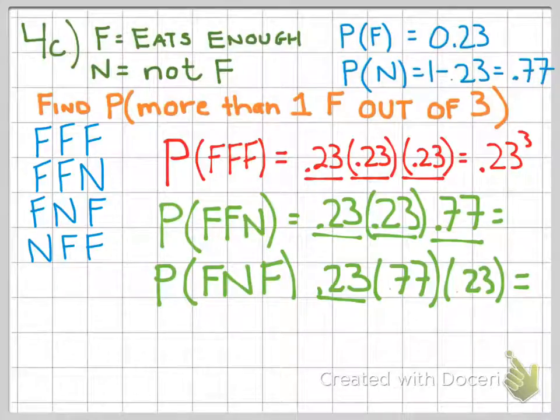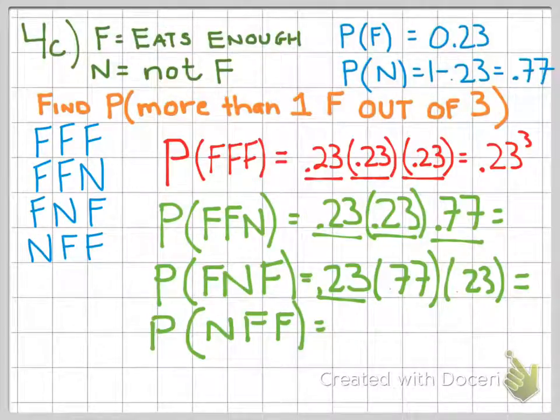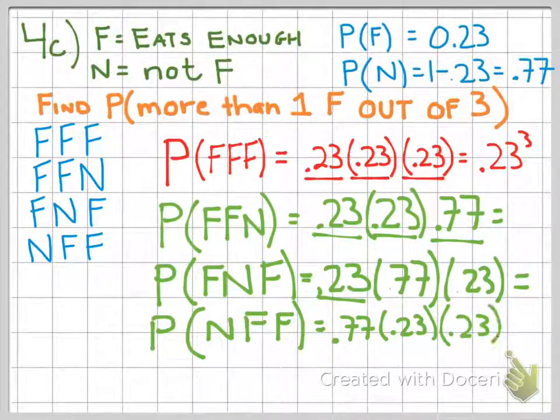Next, I want to do the probability of NFF. So the first person not getting enough fruits and vegetables would be equal to 0.77 now. The other person is 0.23. And the last person would have a 0.23 chance of getting enough.